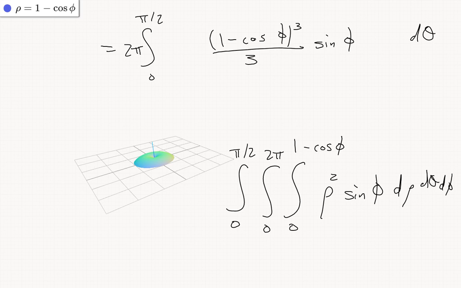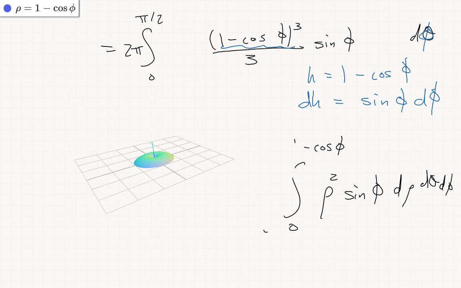Now to evaluate this integral, rather than expanding out this product, we'll substitute h is 1 minus cos phi, and so dh is sine of phi d phi.